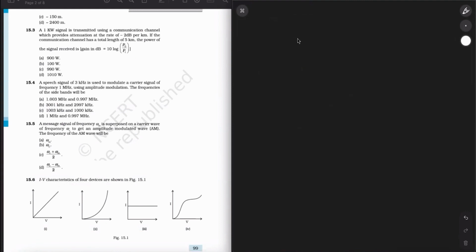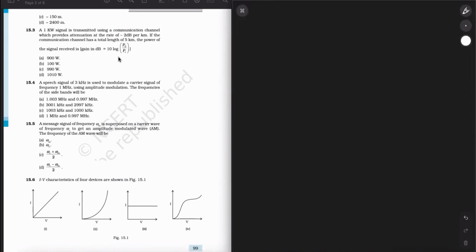A 1 kilowatt signal is transmitted using a communication channel which provides attenuation at the rate of 2 decibel per kilometer. If the communication channel has a total length of 5 kilometers, the power of the signal received is?